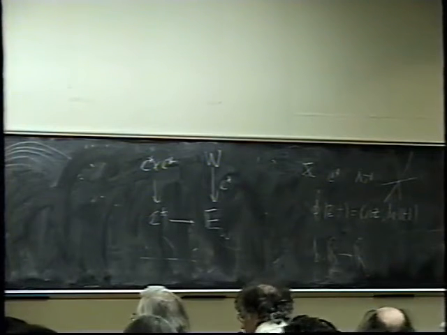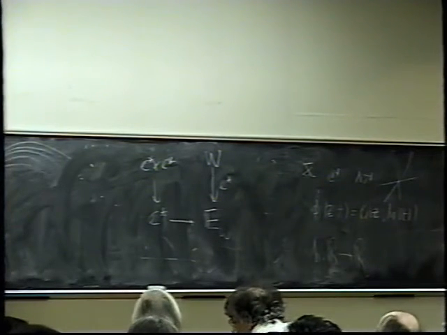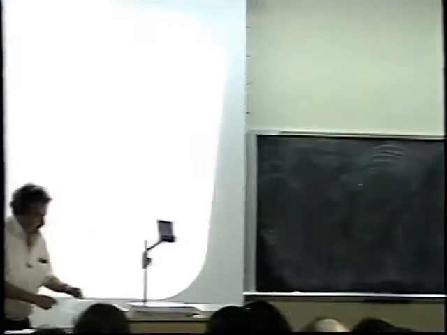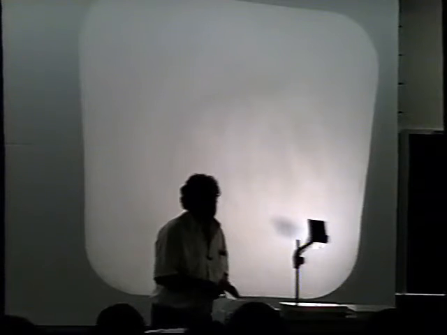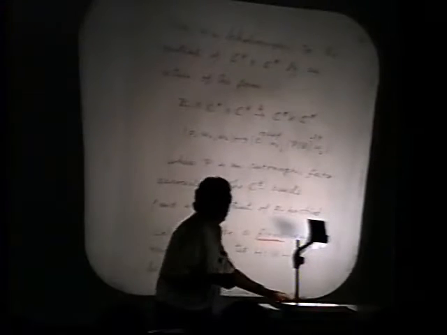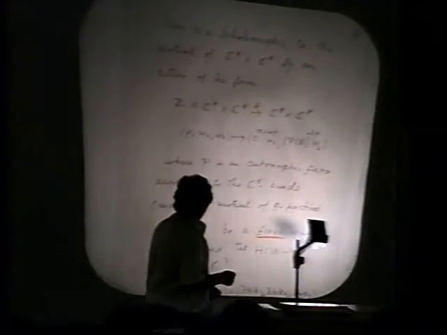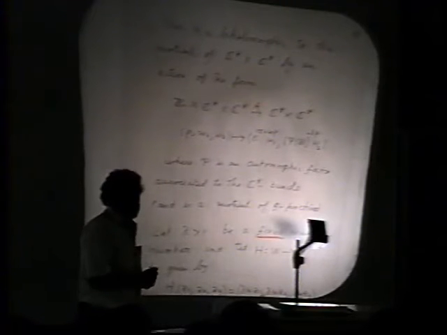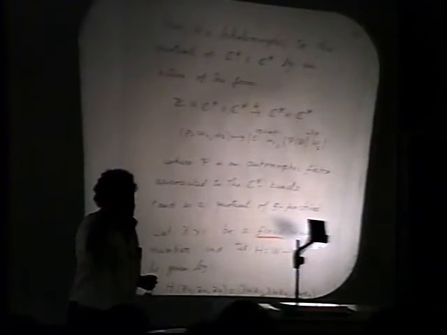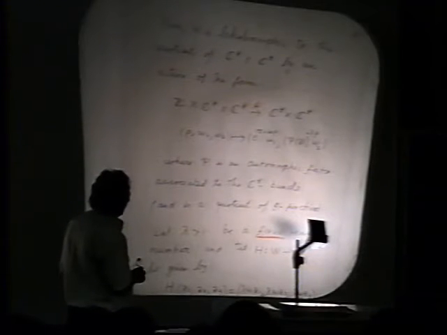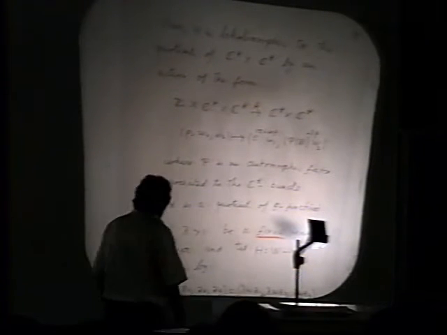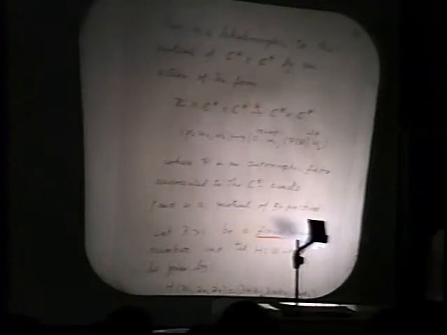And then we see immediately, via the cyclic covering, that we can recover omega. Yeah, I'm sorry, I said omega is being W. Omega is biholomorphic to the quotient of C star cross C star by the action of the form like that.